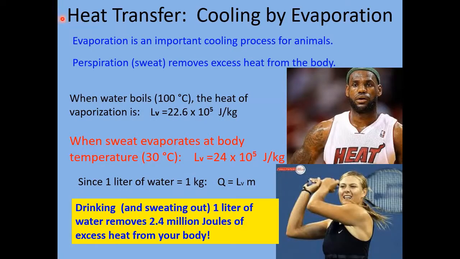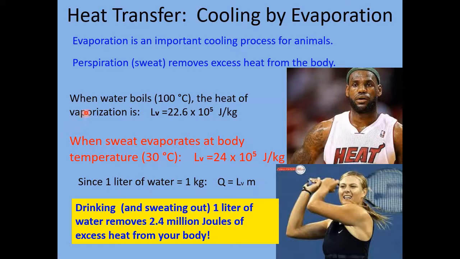So evaporation then is a heat transfer mechanism, a mechanism of cooling, and it's a very important cooling process for animals to regulate their temperatures. So perspiration, sweat, removes excess heat from the body. When water boils, which is at 100 degrees Celsius, the heat of vaporization is given by L sub V, which we said was 22.6 times 10 to the 5th joules per kilogram.